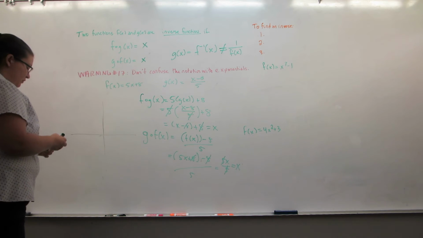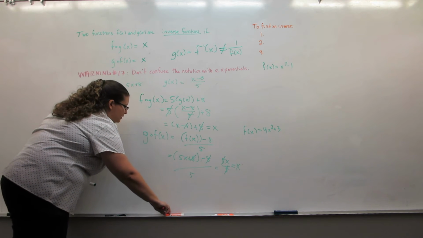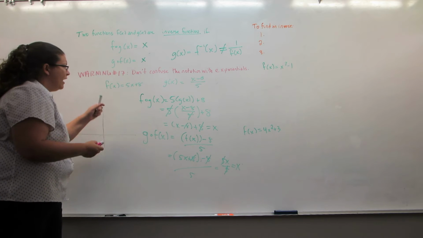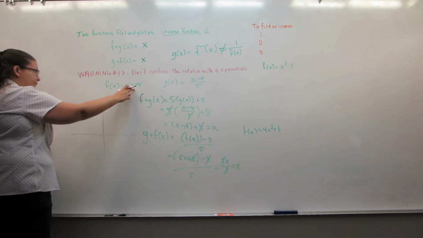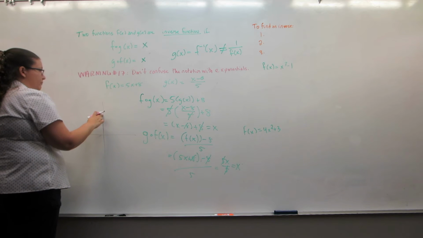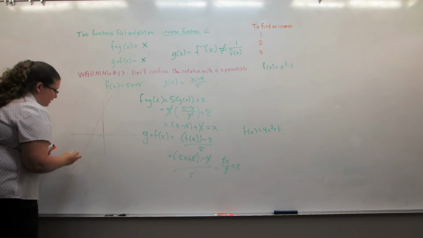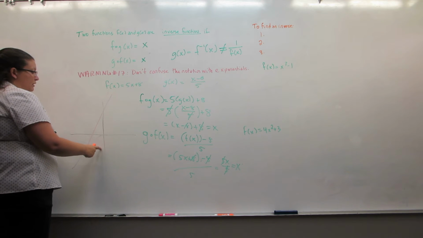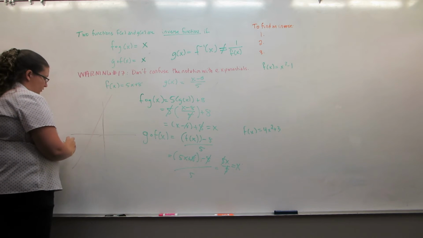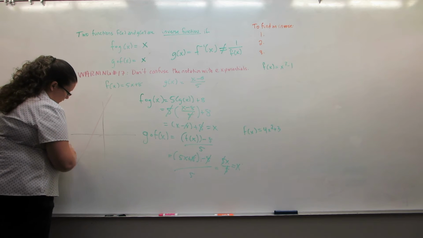Now I want to show you something a little bit interesting about these. If you were to graph f of x and g of x, I'm just going to do a really quick graph. Okay, this has a y-intercept pretty high and a pretty steep slope. This one has a y-intercept that's a little negative and a fairly shallow slope.